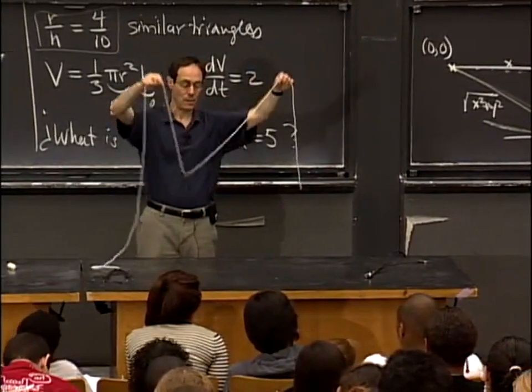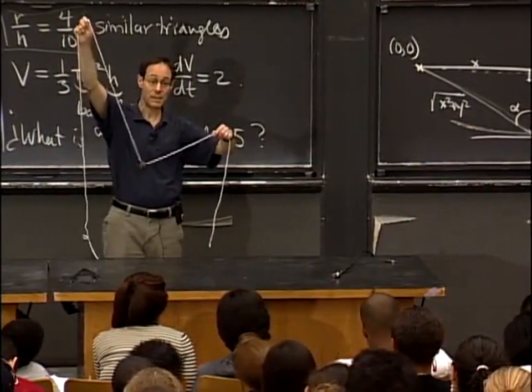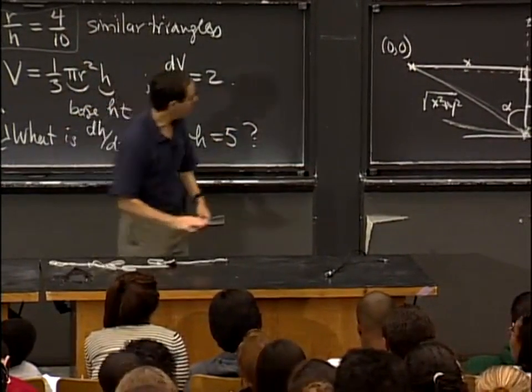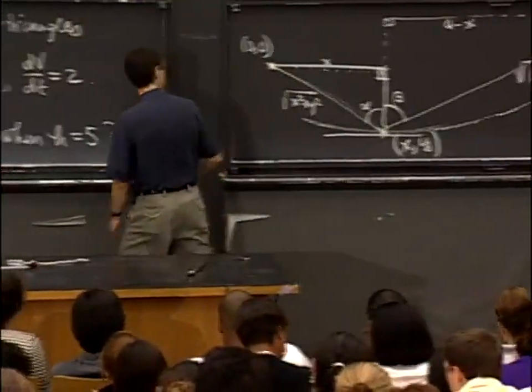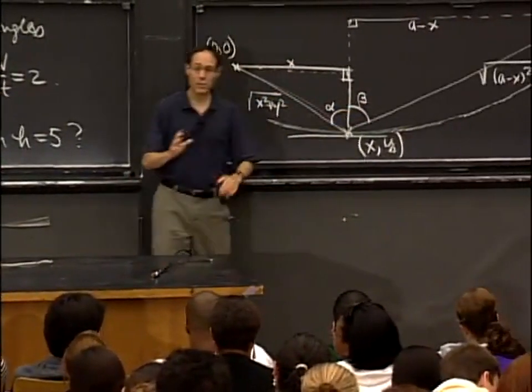All right? In the middle, it's kind of obvious that that should be the case. But on the sides, it's not obvious that that's what's happening. All right, now that's a symmetry, if you like, of the situation. These two angles are equal, but there's something more to be said.